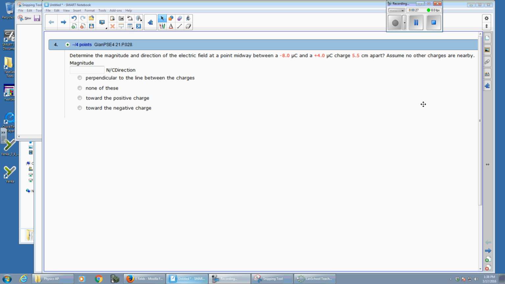These two charges, right? And they're isolated. So we've got the negative charge and the positive charge. And then if we were to draw our electric field in here, remember it's going to go out of the positive charge and into the negative charge.